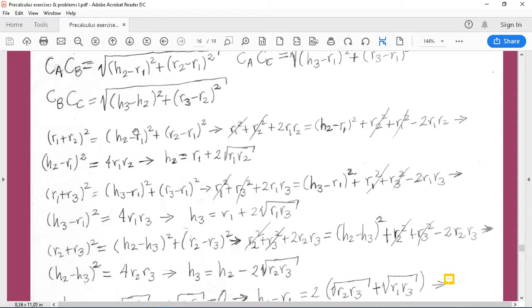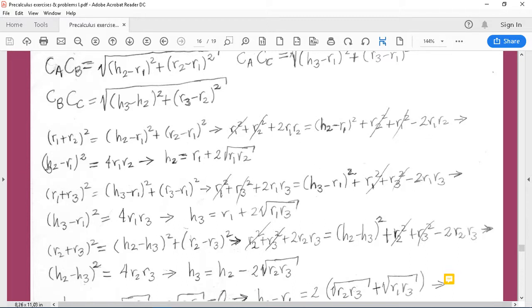Expanding, we have that R1 squared plus R2 squared plus 2R1R2 equals the square of H2 minus R1 plus R2 squared plus R1 squared minus 2R1R2.